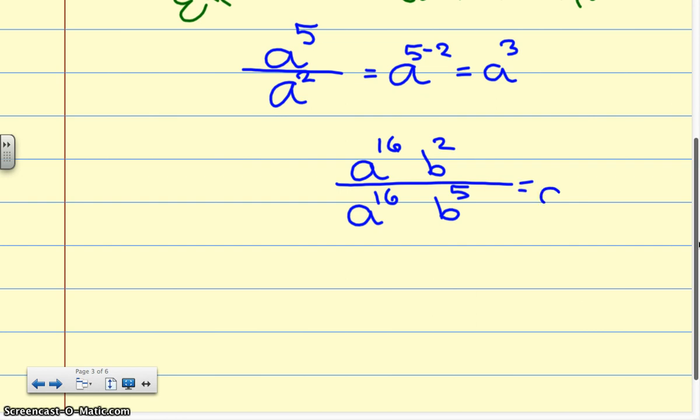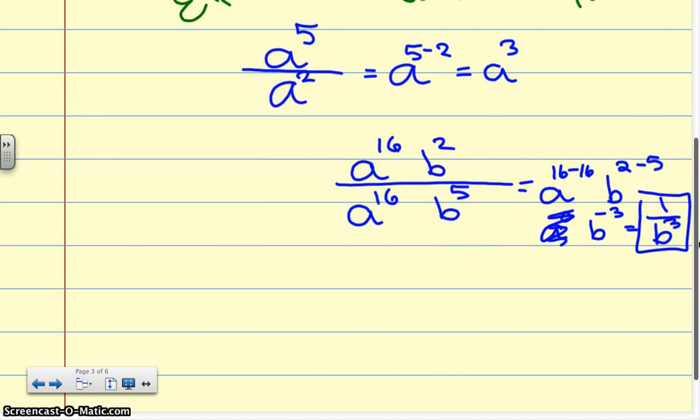I would turn this into a to the 16 minus 16, b to the 2 minus 5, a to the 0, b to the negative 3. A to the 0 cancels out because it's 1. That turns into 1 over b cubed, final answer. That's about as difficult as it's going to get. Remember, when we convert this to the bottom, it turns that exponent positive.